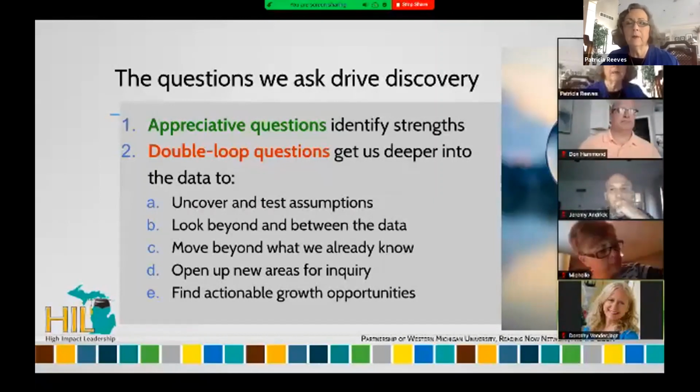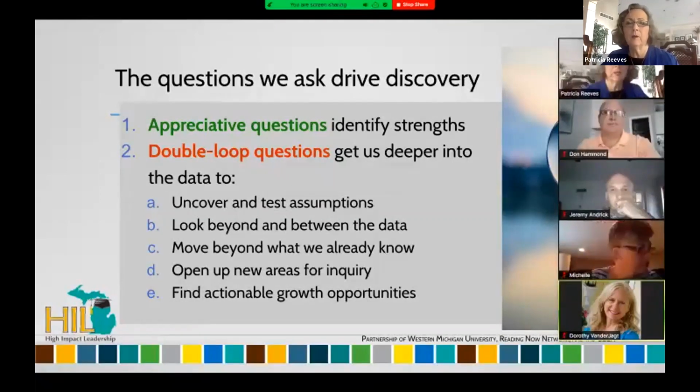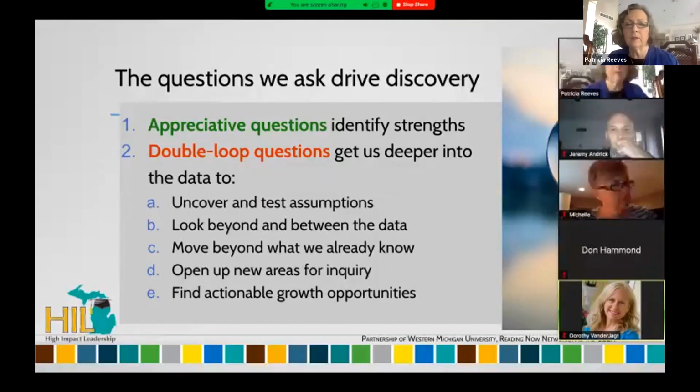And then using that conversation to move beyond what we already know, raise up new questions, new areas for inquiry, and in the process, both find actionable growth opportunities and keep the inquiry going. So while we can use a data set to learn some things, we can also use a data set to learn what we don't know and to foster further inquiry and further conversation.